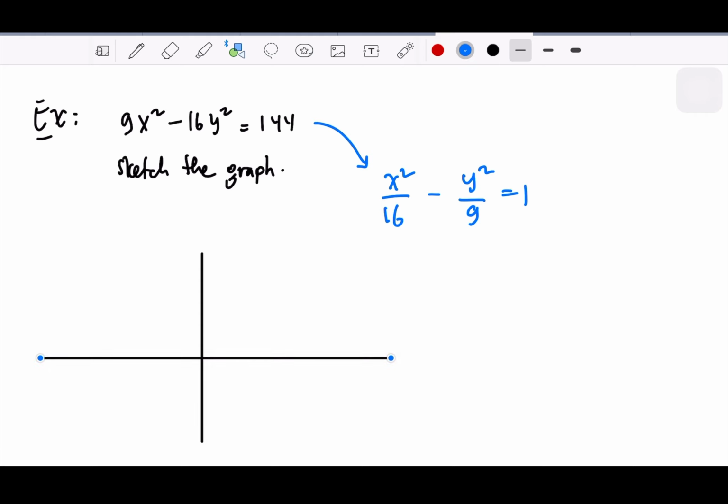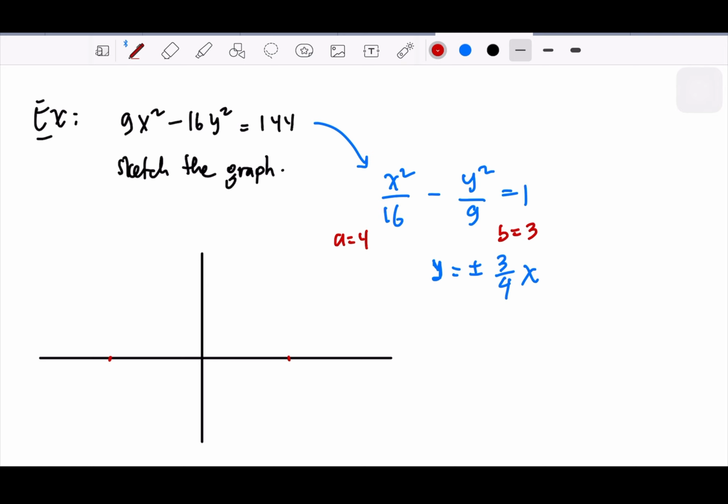At first, maybe we can tell the asymptote. It's plus minus 3 over 4 x. So A is 4, B is 3. Right? Okay, so 4 maybe around here.